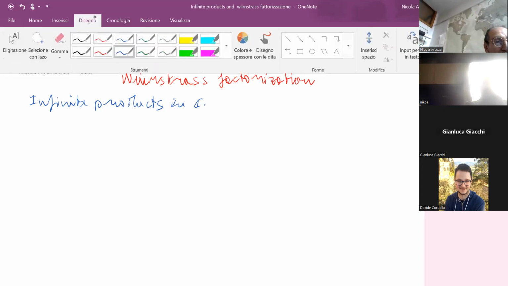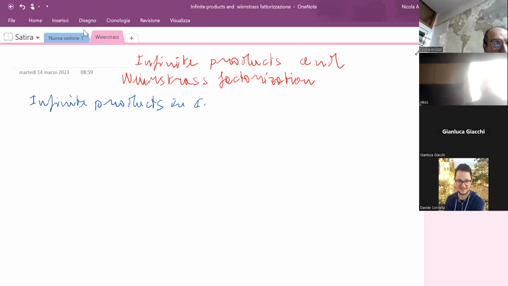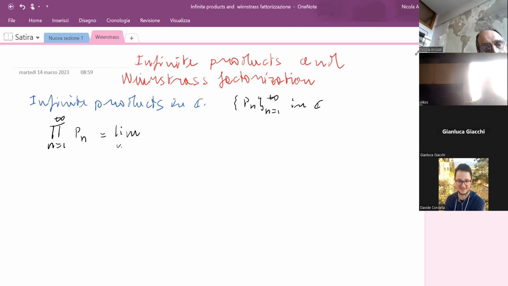Definition of infinite product: if I have a sequence p_n, n from 1 to infinity, of complex numbers, then the infinite product of this is just the limit, if it exists, of the products for j from 1 to n of p_j.